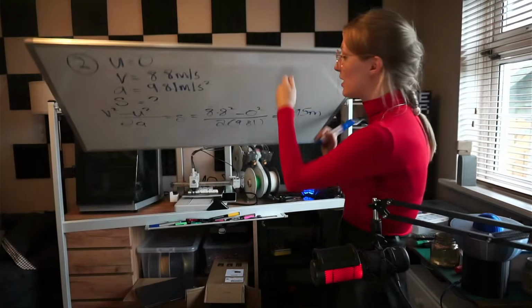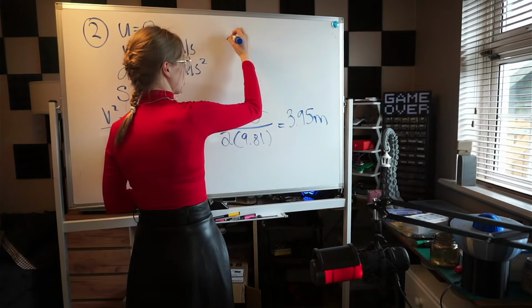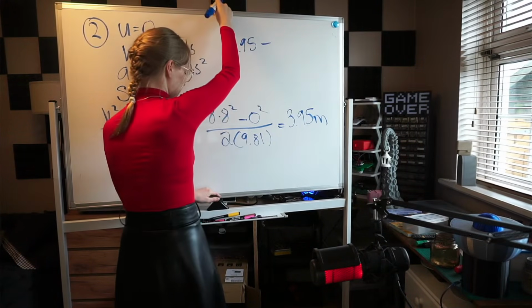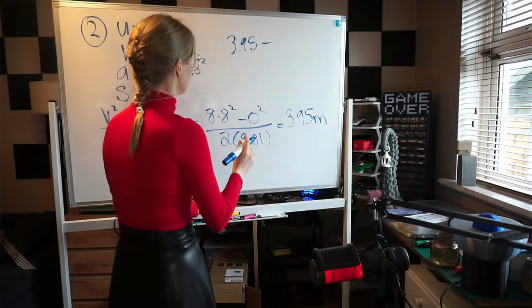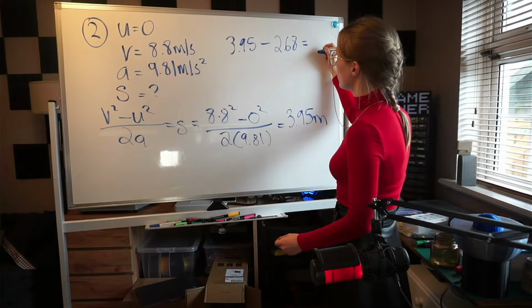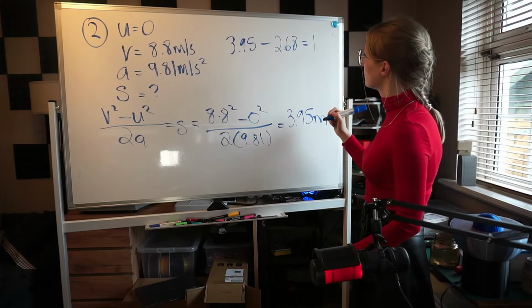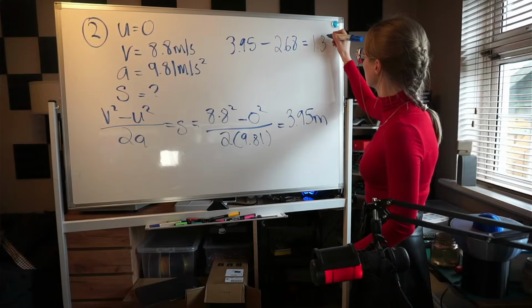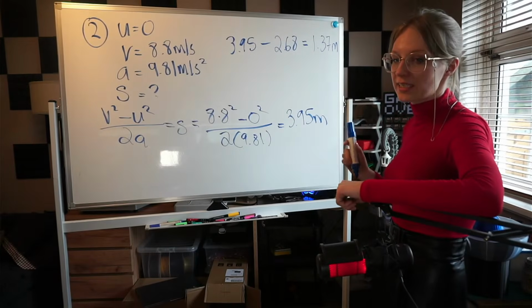The difference between them is the height of the penguin, which is 3.95 minus the other height, 2.68, which is 1.27.